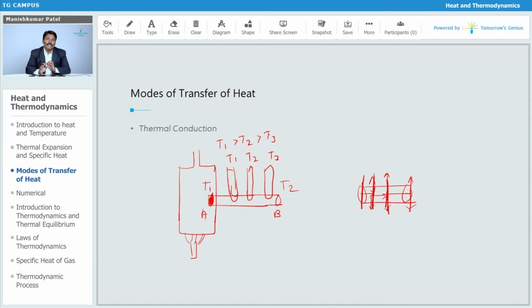There is no further rise in the temperature at that particular point. That means they have reached a steady state.